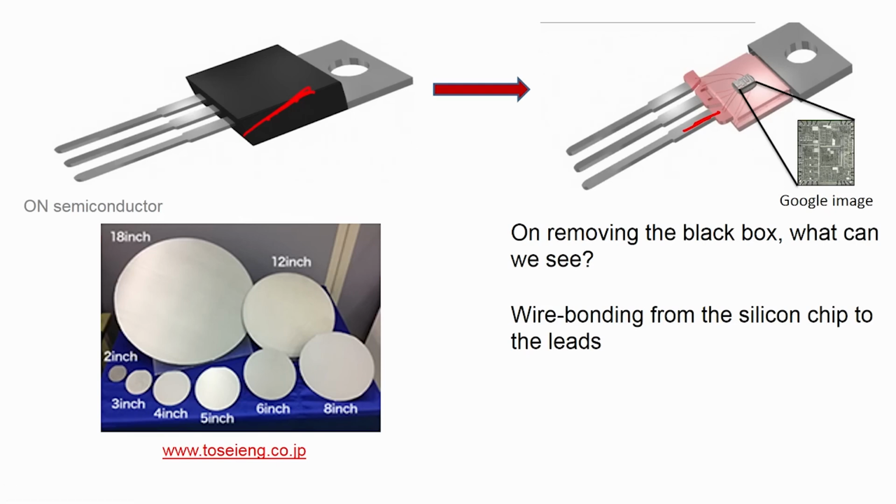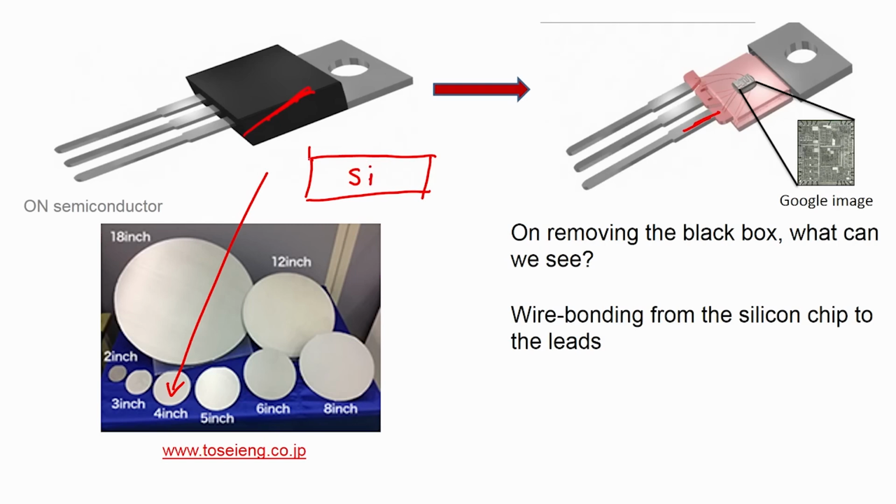So, let us see. If I have this silicon wafer, let us consider this wafer which is 4-inch, and I am drawing a cross section now. So, this is silicon.